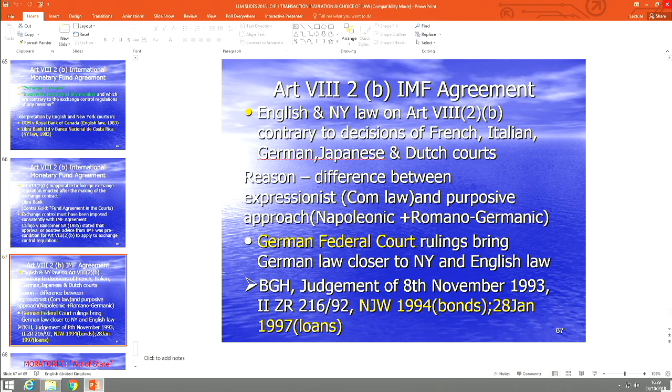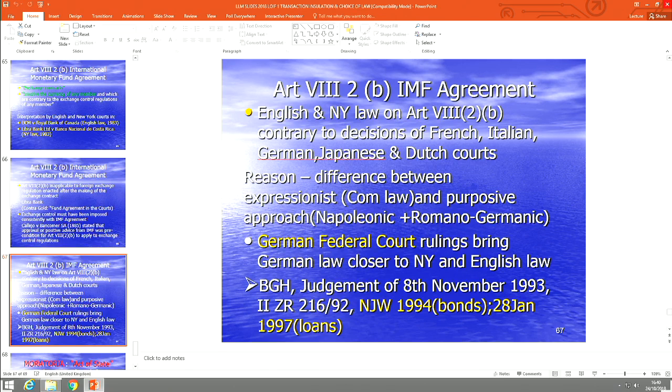So, what are capital account transactions? That involves the movement of funds, current funds, by way of loans or bonds for periods of time over 1 year. And that means essentially what the German courts have decided in the last 20 years is that the position under German law applying Article 8.2b is similar to New York law and English law.